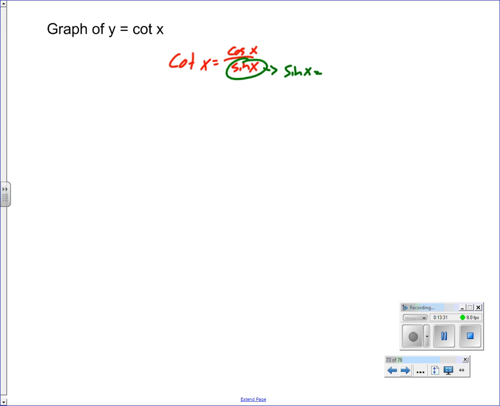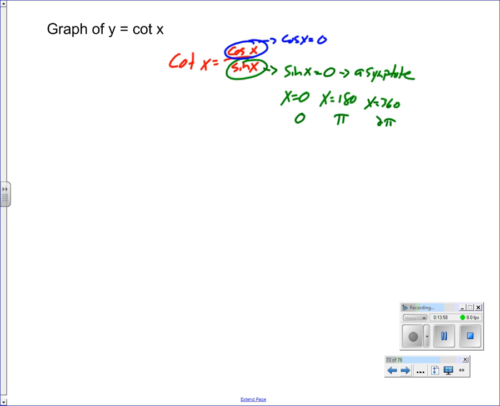So anywhere that sine is 0, we're going to have an asymptote. Sine is 0 at 0, 180, and 360, or for radians, that'd be 0, pi, 2 pi. Anywhere cosine is 0, we're going to have a 0 for the cotangent function.